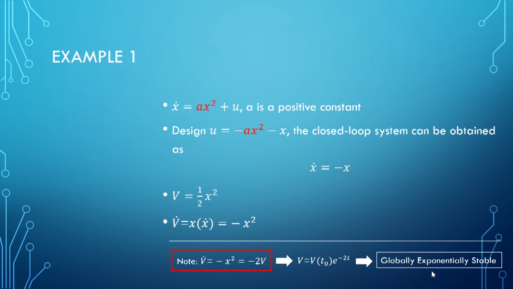Then this becomes a linear ODE, and you can solve for the solution if the initial condition is known. So what's the benefit of solving this? Well, it's easier to see that it's globally exponentially stable, right? Because given some initial condition, this V decays exponentially fast. And if V decays exponentially fast, so does x. So the defect is it requires model knowledge.